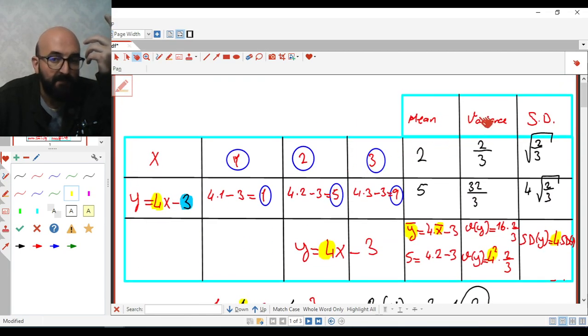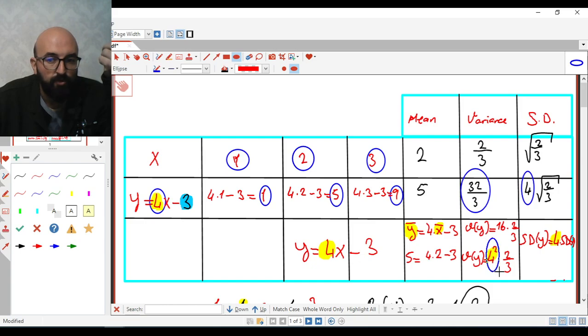And please remember that variance is standard deviation square. So this 4 affects the standard deviation, but 4 square affects the variance, because variance is standard deviation square, or vice versa, standard deviation is the square root of variance. It is the same.